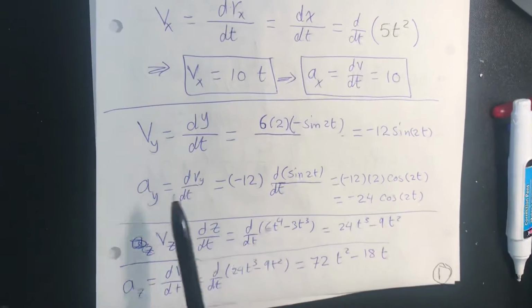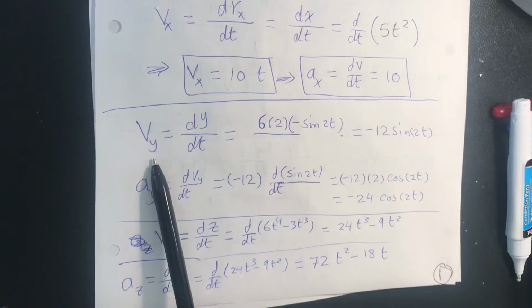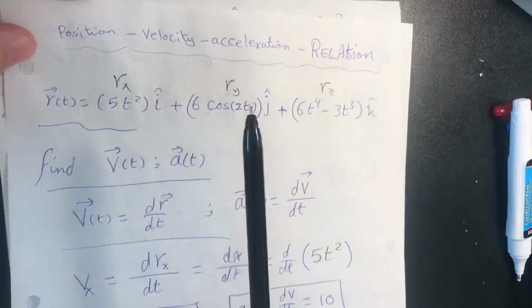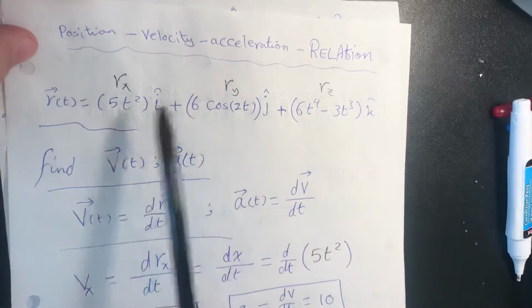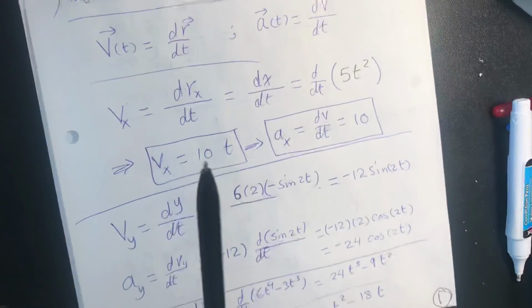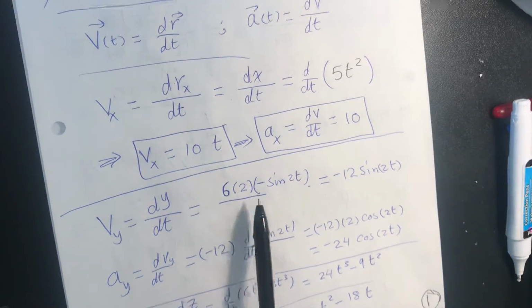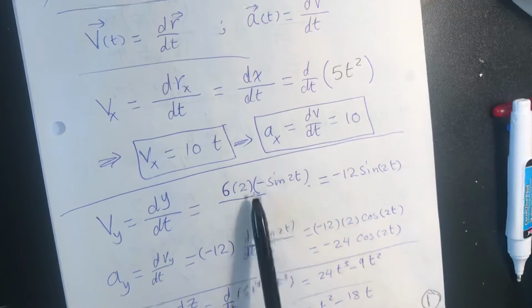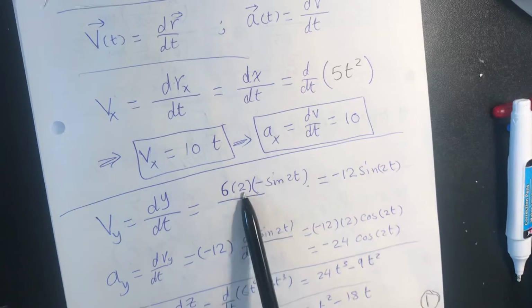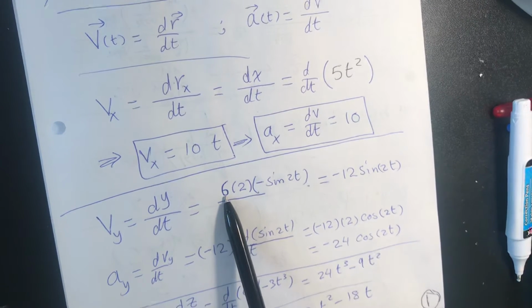Also, the velocity in y direction is the derivative of the y component of the position vector, which is 6 cosine 2t. The derivative of cosine 2t is negative sine 2t, and the derivative of the argument 2t is 2, and we have the 6 from before.